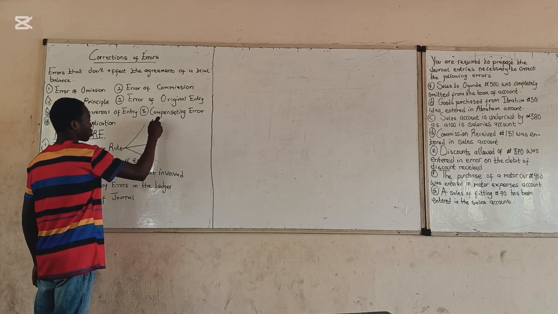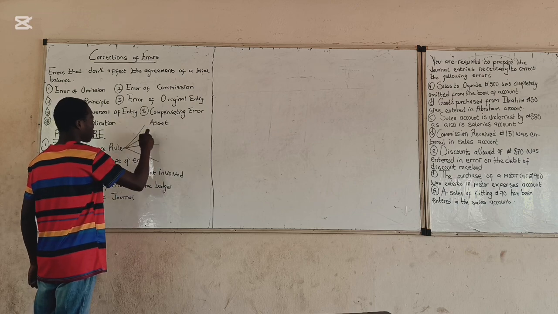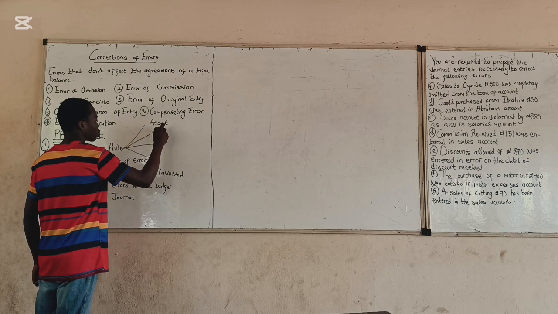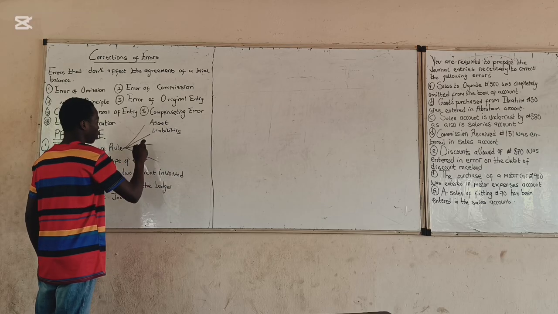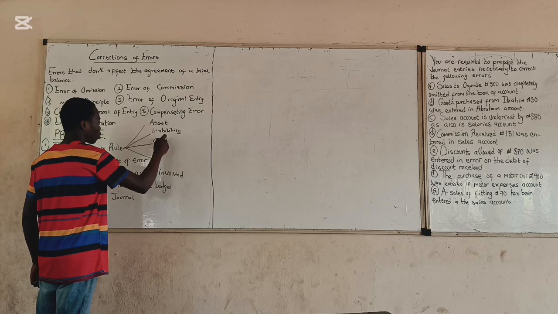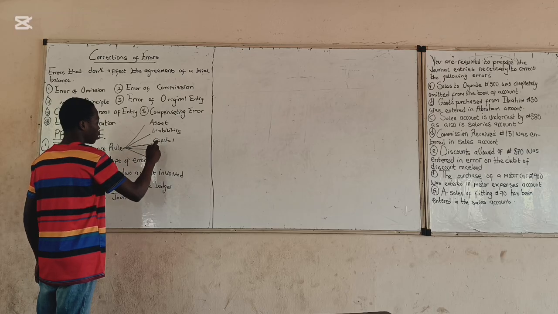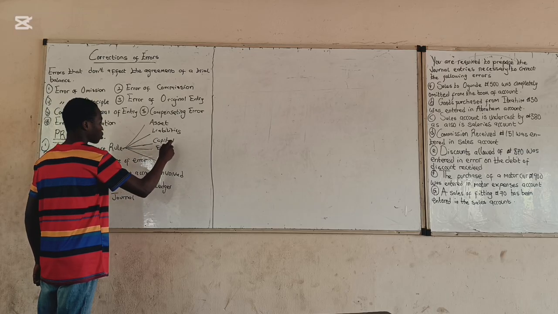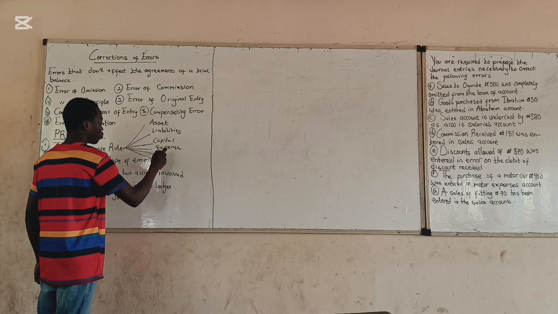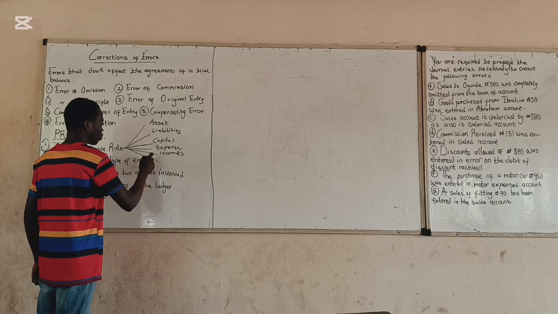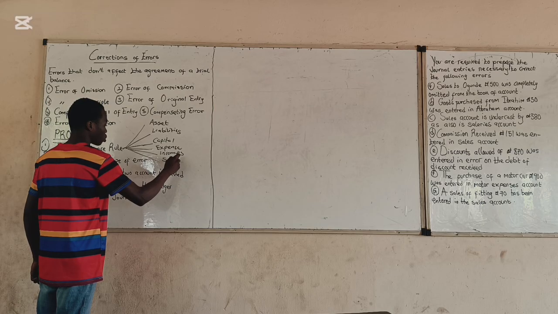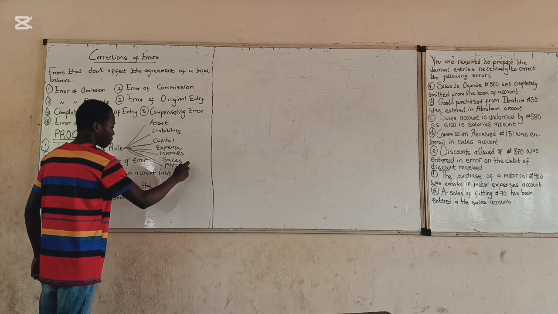We have assets, we have liabilities, we have capital, we have expenses, we have income, we have sales, we have purchases.